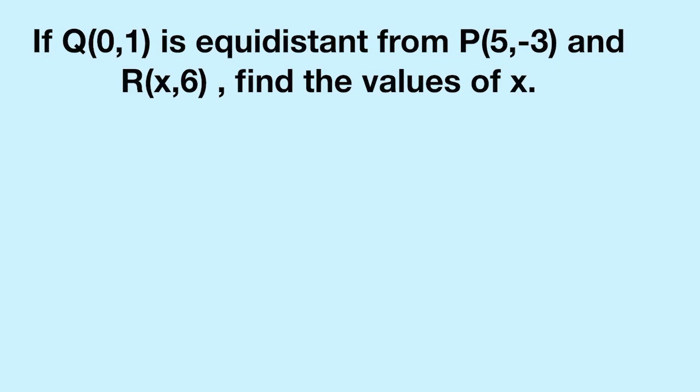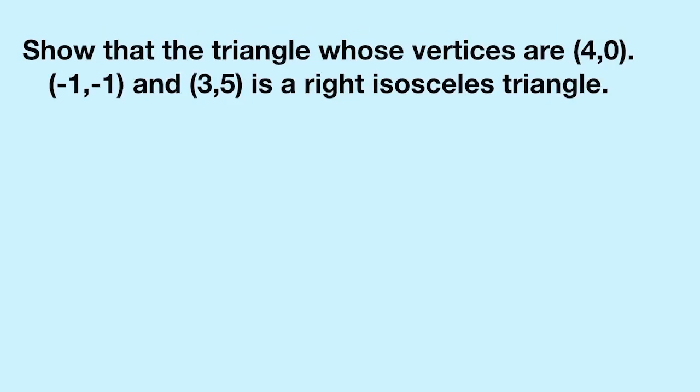Now we move to the next question. Show that the triangle whose vertices are 4, 0, 1, minus 1 and 3, 5 is a right isosceles triangle. So right means Pythagoras theorem. Isosceles means any two sides are equal. So what we will do is, given the three vertices, first we will find the distances.